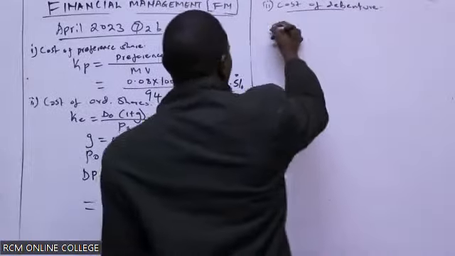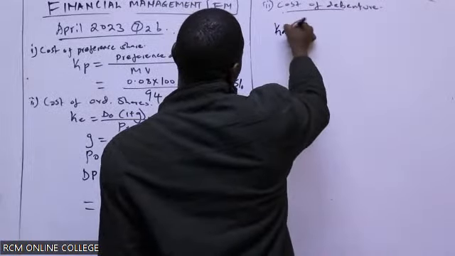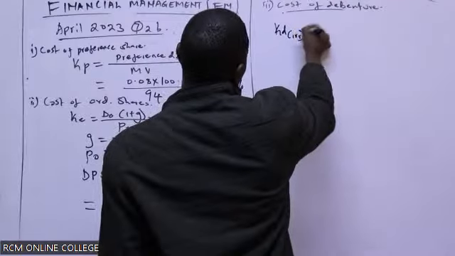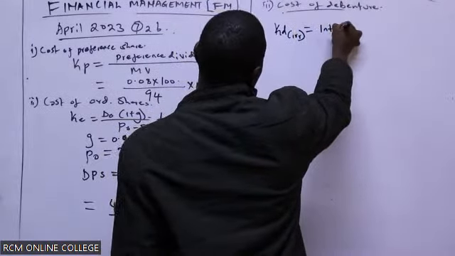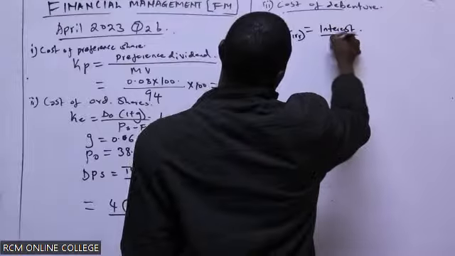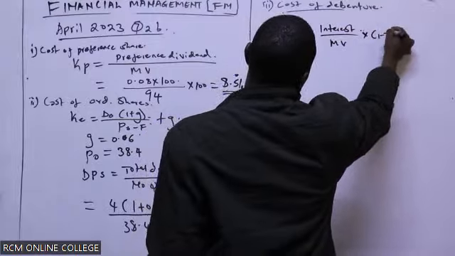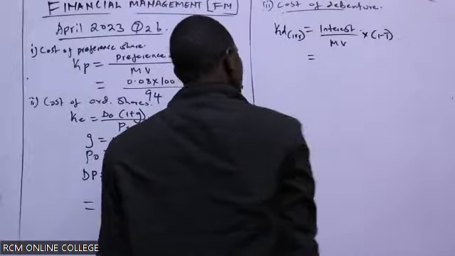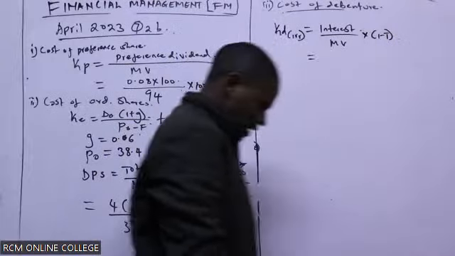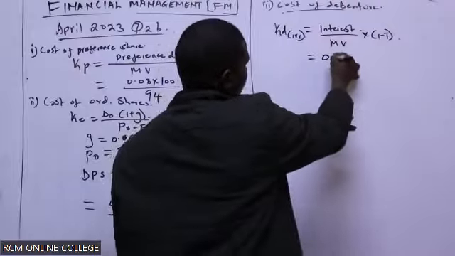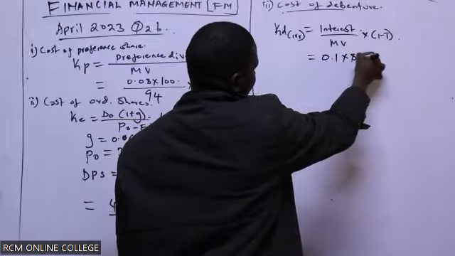So for the irredeemable debenture, KD irredeemable will be given by interest over market value times 1 minus T. So interest already we are told that this debt need 10%. So it is 0.1 times 80. That is the market price.